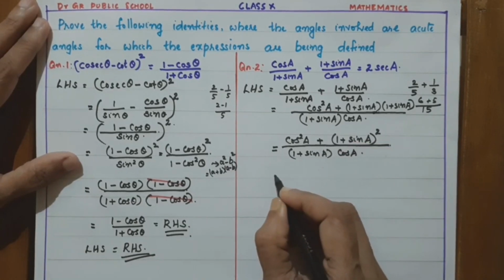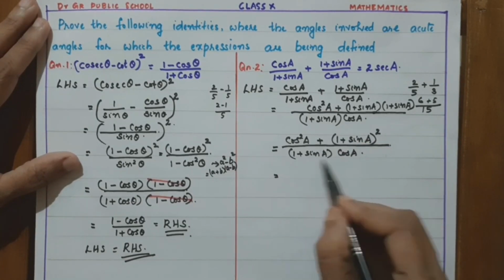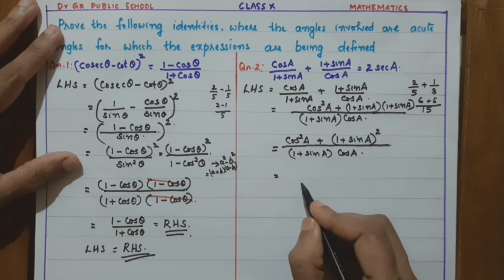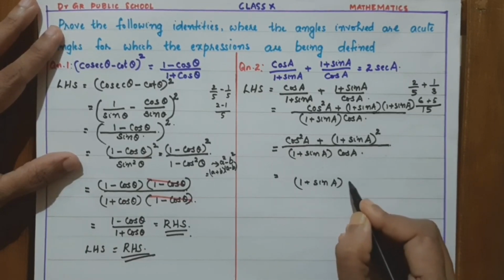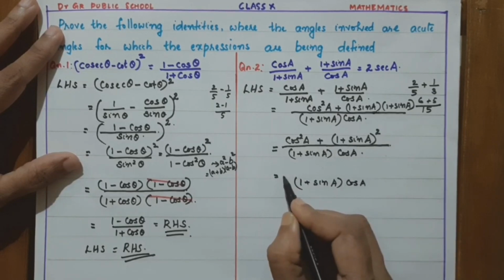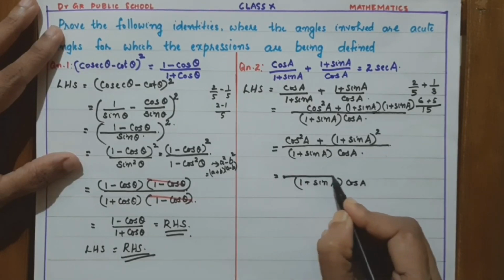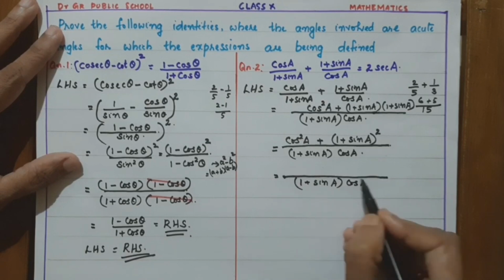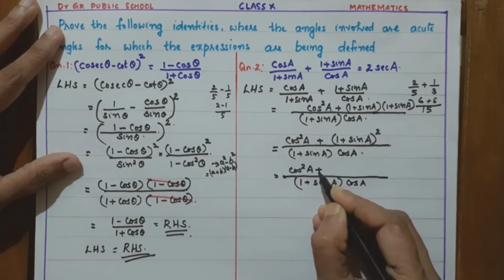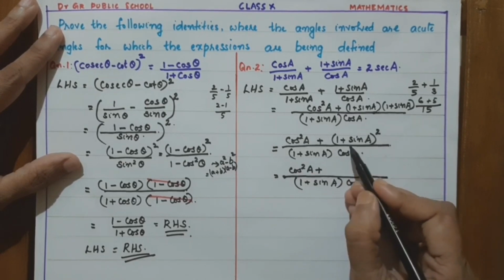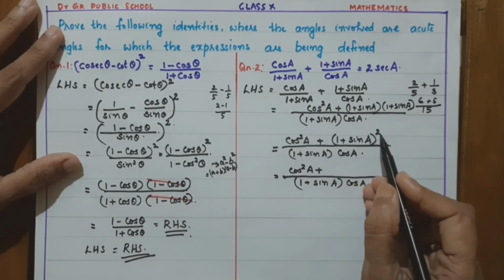Now the next step: don't open this bracket, so write like this itself. 1 plus sin A multiplied by cos A. Then the numerator cos square A plus, here we have to apply the identity, 1 plus sin A the whole square.